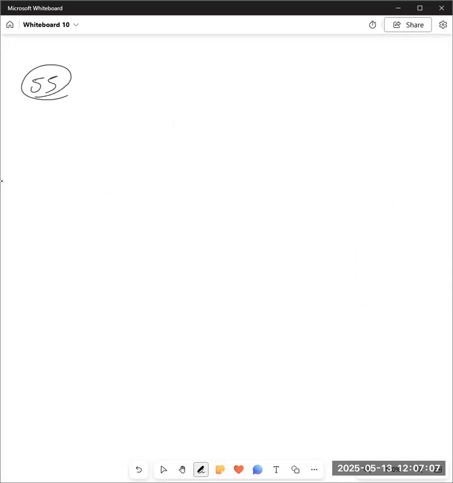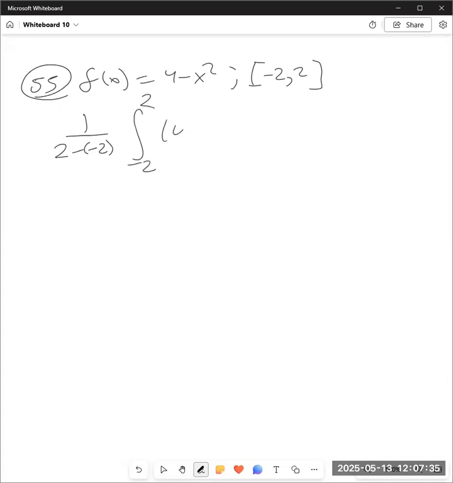All right, f of the y value. So f of x is 4 minus x squared. And this is going to go from -2 to 2. And so we get the average value is going to be 1 over b minus a, integral from a to b, 4 minus x squared dx.